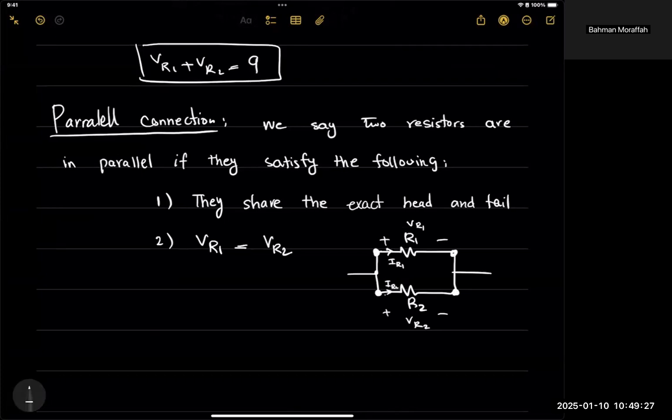The answer is no. The current through R1 is not the same as current through R2. What we do know is that voltage across R1 is exactly the same as voltage across R2, but the currents through them are not the same. The only time the current through R1 is the same as the current through R2 is when R1 is exactly the same as R2. Otherwise, in general, I of R1 is not the same as I of R2.